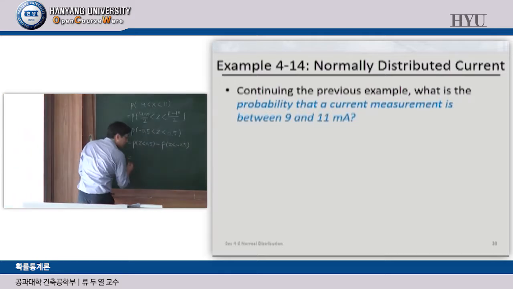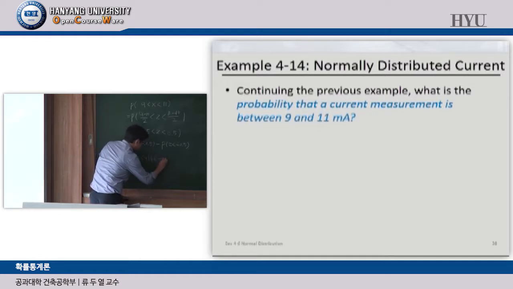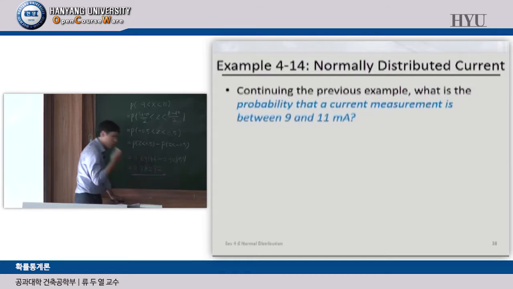Based on the appendix table, this will be 0.69146 minus 0.30854, which is equal to 0.38292.